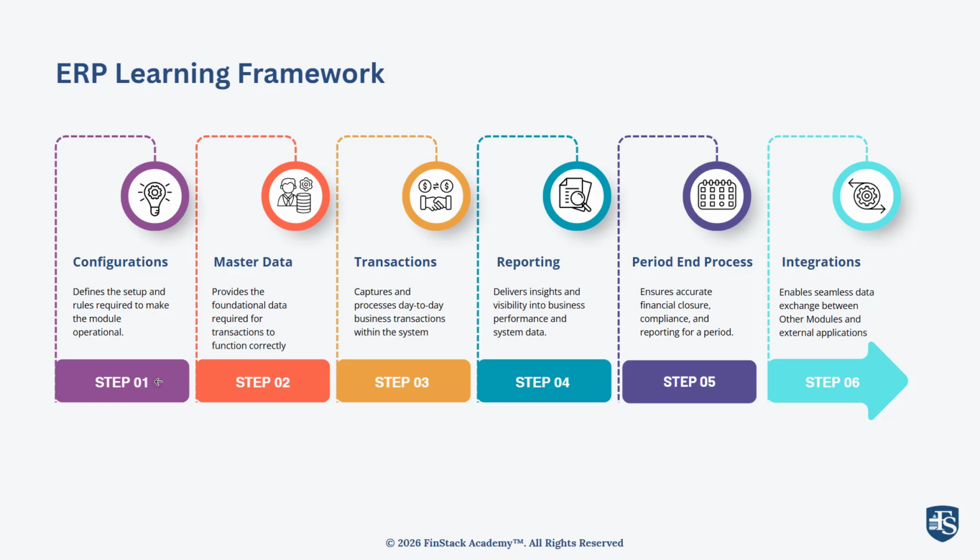Examples include organization structure, ledger, approval rules, payment terms, accounting rules, profile options, etc. Without proper configurations, transactions cannot function correctly. So whenever you start learning a new module, don't just ask, how do I use it? Instead, ask, how is this module configured? Understanding the setup gives you a much deeper understanding of how the application works.